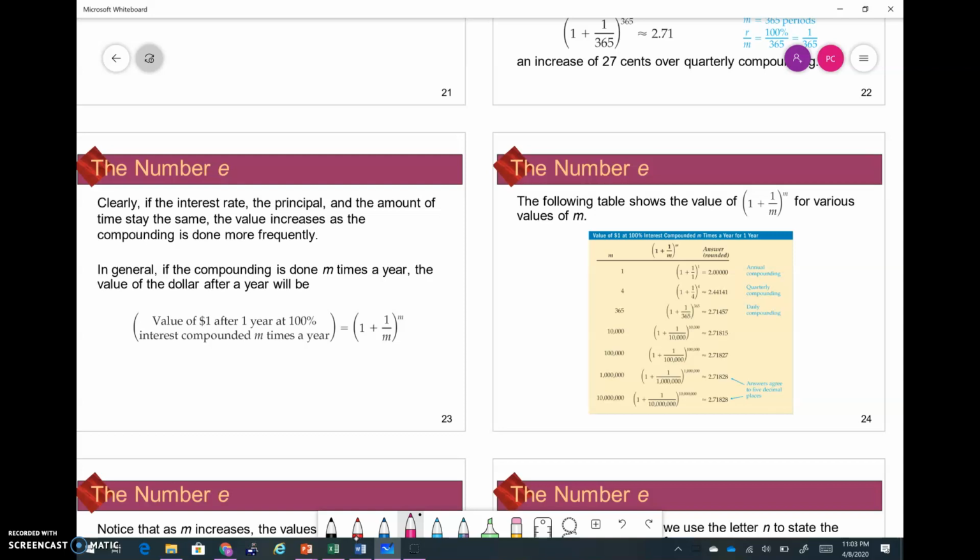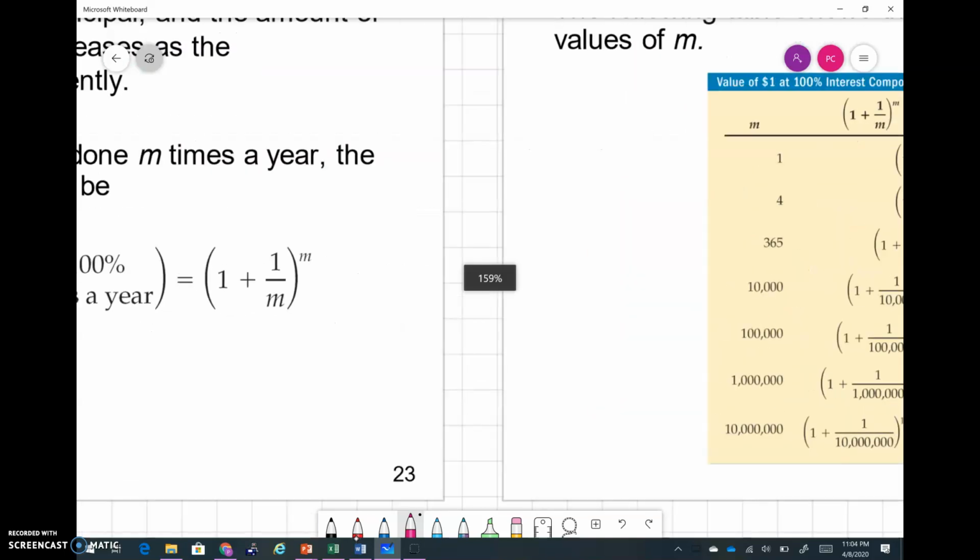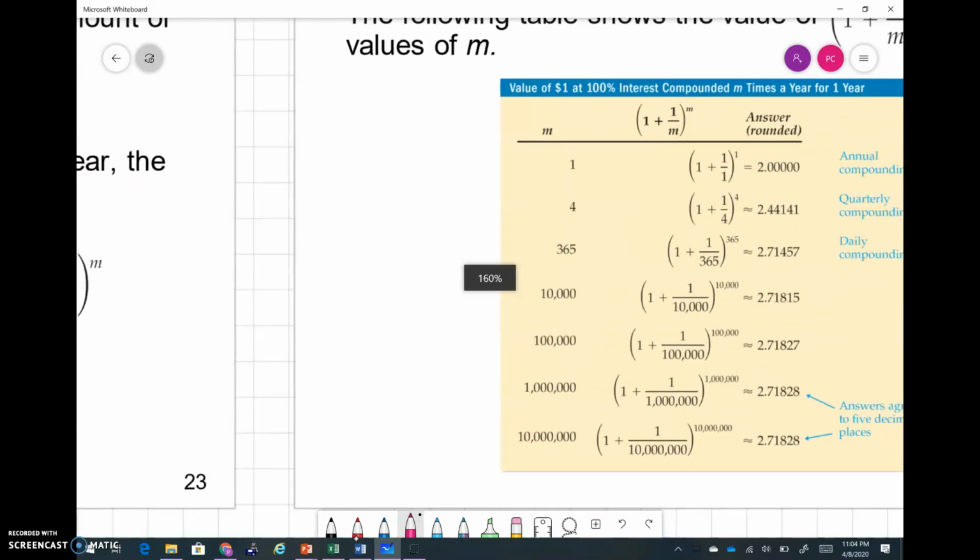Well, if you take that generic formula and plug in different values of M, making that compounding more and more and more. So looking at slide 24, we start at 1 time a year, which got us to our $2. If we up that to 4 times, quarterly, we got $2.44. If we upped it to daily, we got $2.71. What if you upped it to 10,000 times a year? We get 2.72.